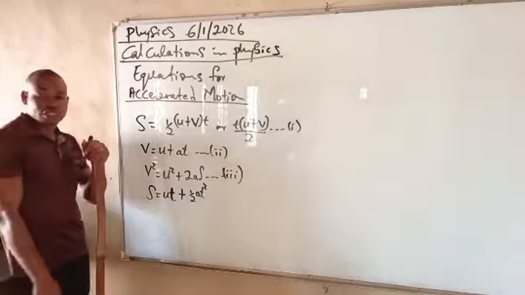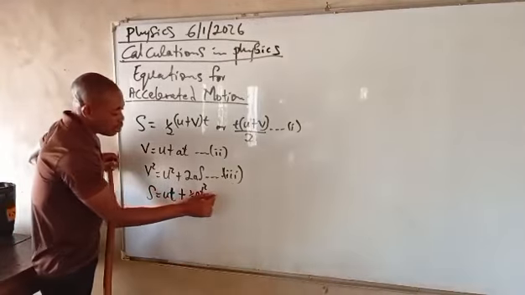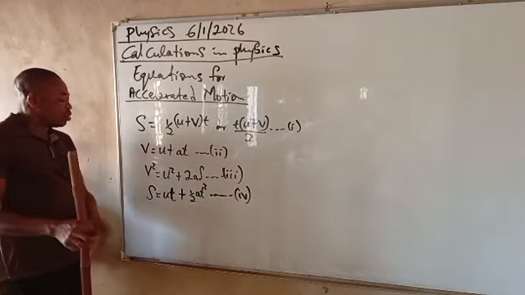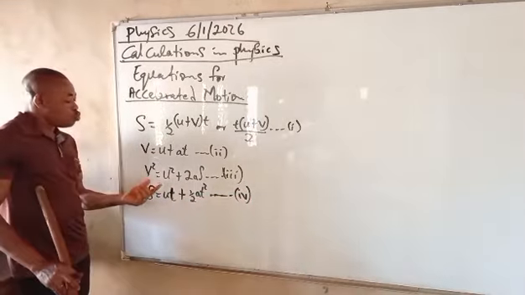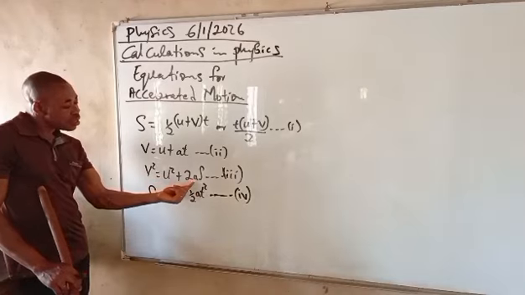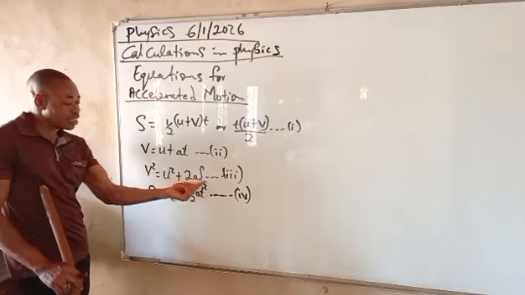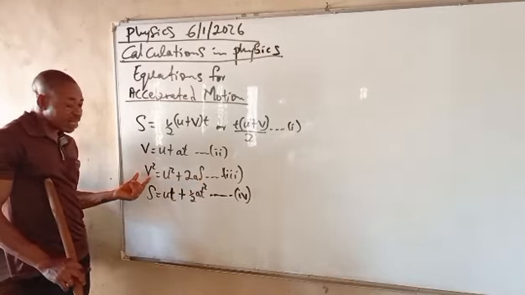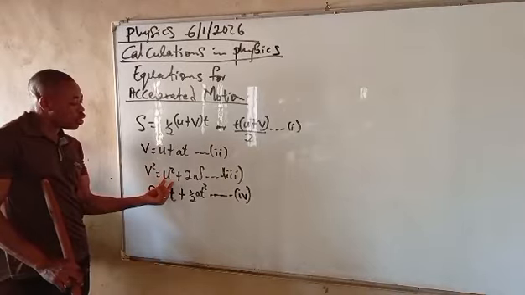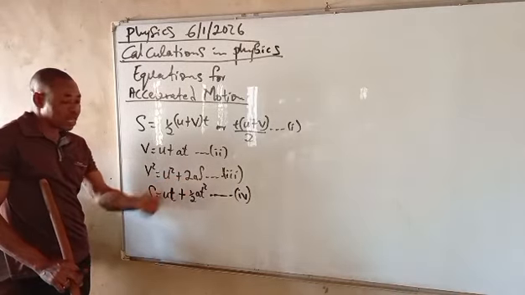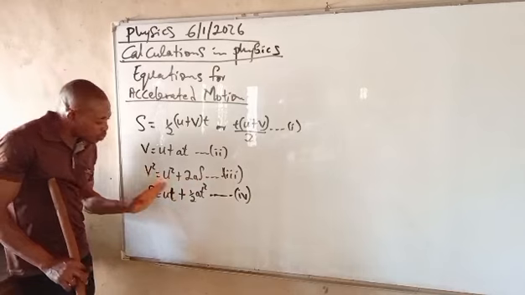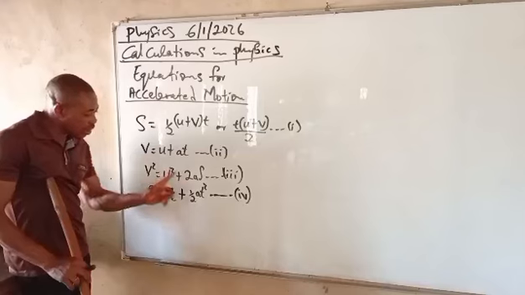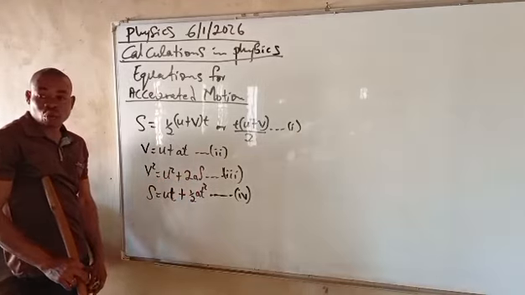Now, in the third equation for accelerated motion, we use it to calculate final velocity when u is given, the acceleration is given, and the distance is given. Are you getting me? Yes. So the formula says v squared equals u squared plus 2as.